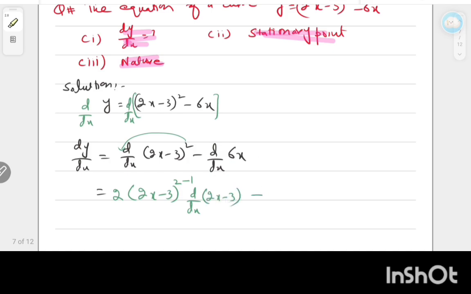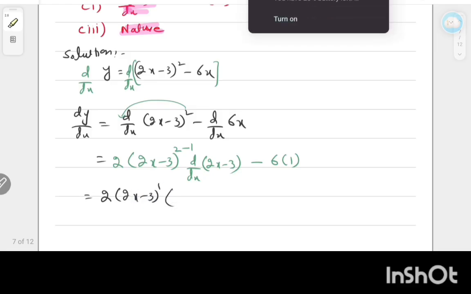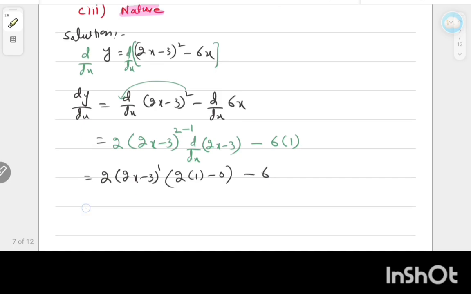Next is minus 6, where 6 stays outside, and the derivative of x is 1. The derivative of 2x minus 3 is 2, since 2x gives 2 and the derivative of a constant is 0, minus 6. Furthermore, we solve it: 2 times 2 is 4, so 4(2x minus 3) minus 6. So we have the first derivative.